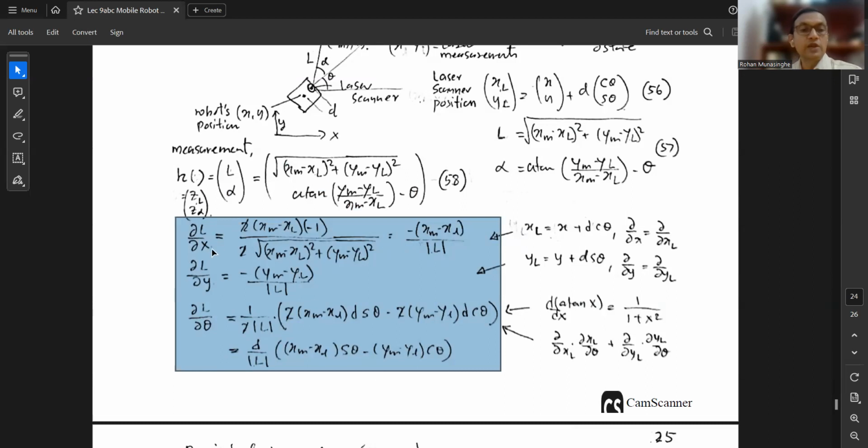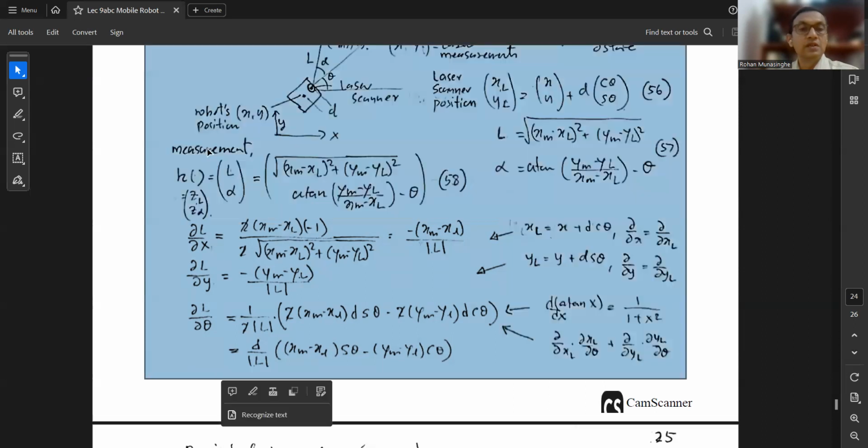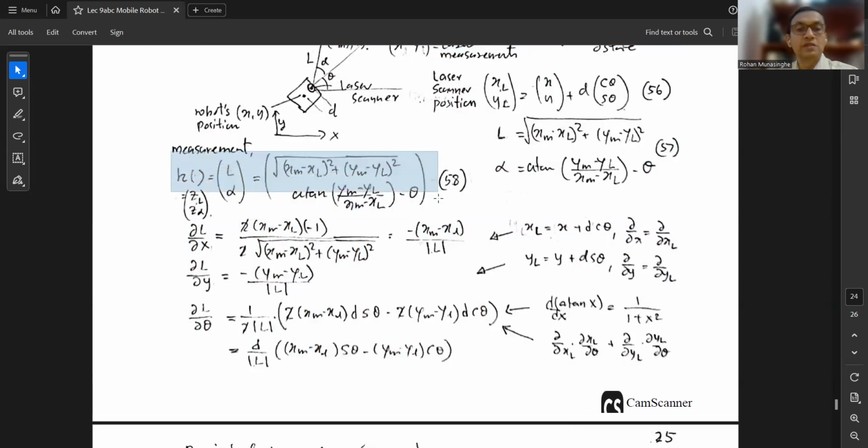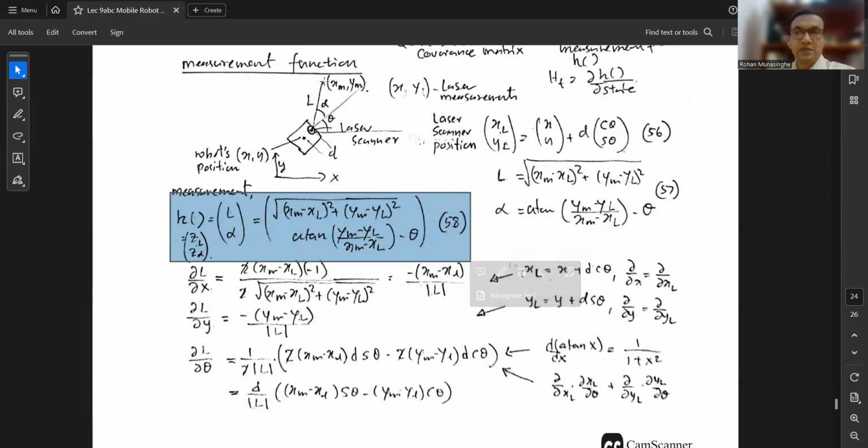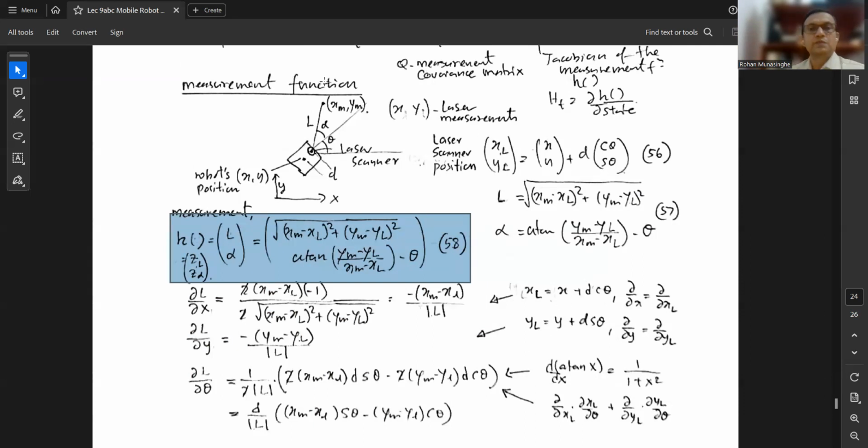When you differentiate with respect to x, you need to keep in mind that x comes inside XL in the equations. These equations don't have x explicitly. They have XM, XL, YM, YL. XM, YM are constants. If you look at this one, it is the marker's position. They're constants. Once you identify this is marker number 3 or whatever, you know their exact coordinates.